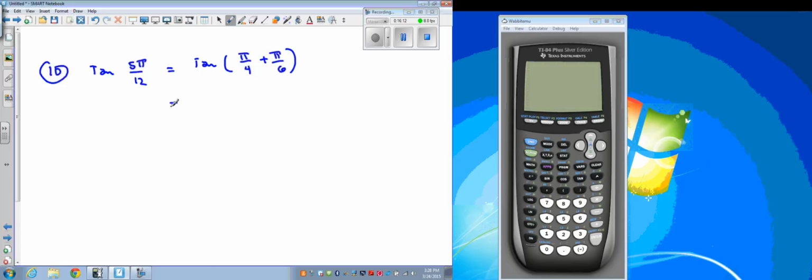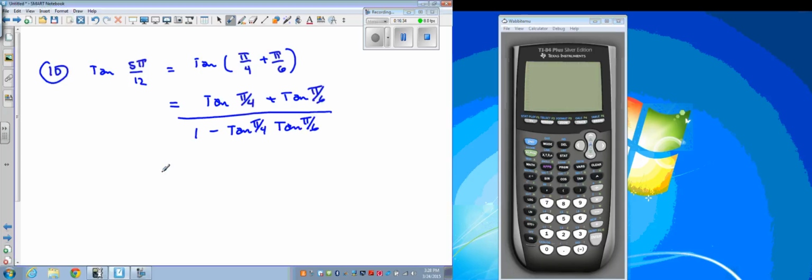So now the tangent of the sum, this is going to be tangent of pi over 4 plus tangent of pi over 6, right? And then it's 1 minus, isn't it? Tangent of pi over 4 times tangent of pi over 6. And the pi over 4 is what?